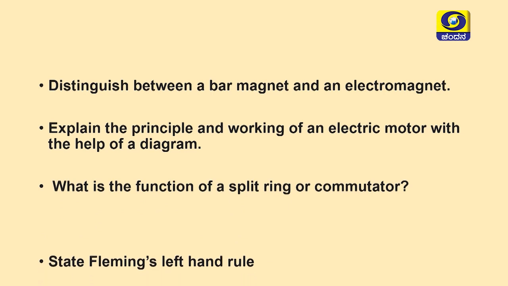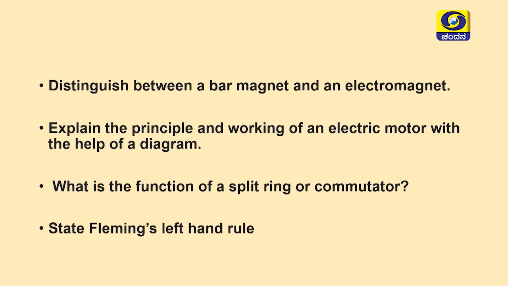Explain the principle and working of an electric motor with the help of a diagram. What is the function of a split ring or commutator in a motor? State Fleming's left-hand rule.